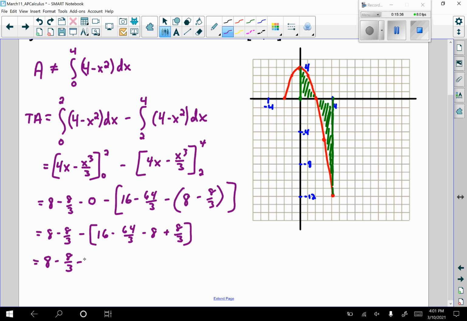Now, obviously, you can skip some steps here as long as you're careful enough with your signs, but this becomes 8 minus 8 thirds minus 16 plus 64 thirds plus 8 minus 8 thirds.